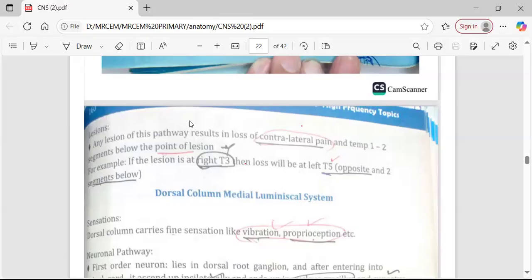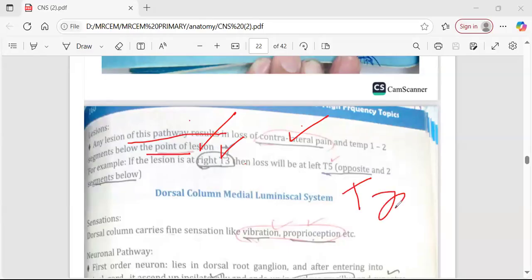If there's any lesion of this pathway, that will result in loss of crude touch and temperature one to two segments below the point of the lesion. If there is a lesion at the T3 level on one side, the loss will be on the opposite side, at the level two segments below, like T4, T5 level. So that's very important to remember.